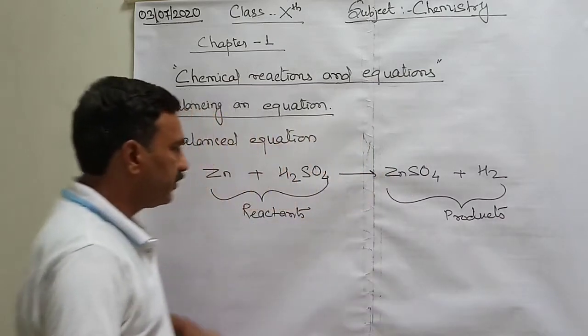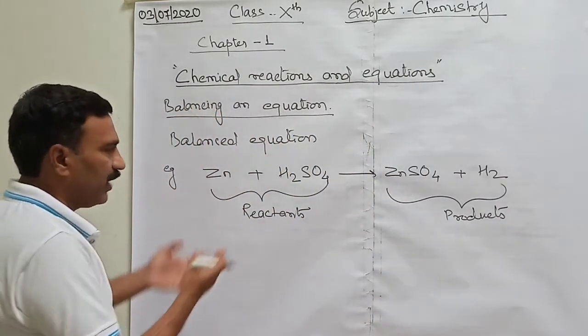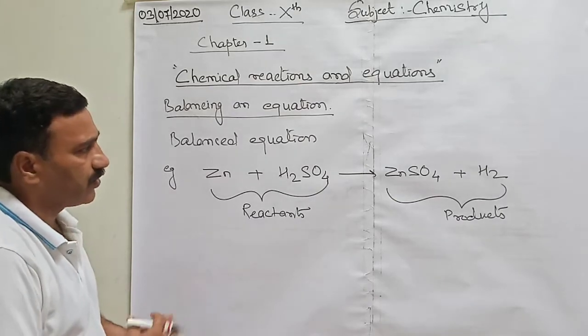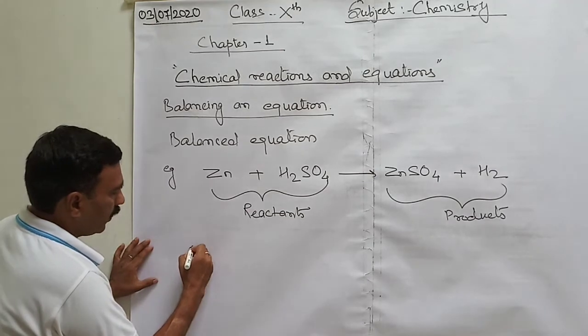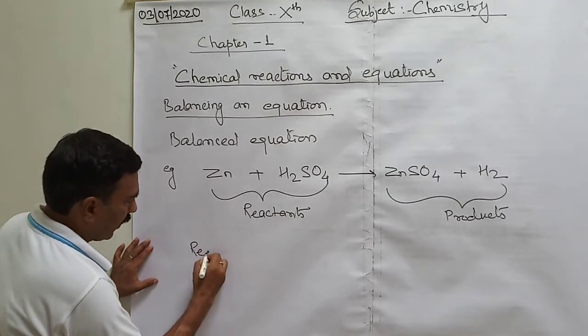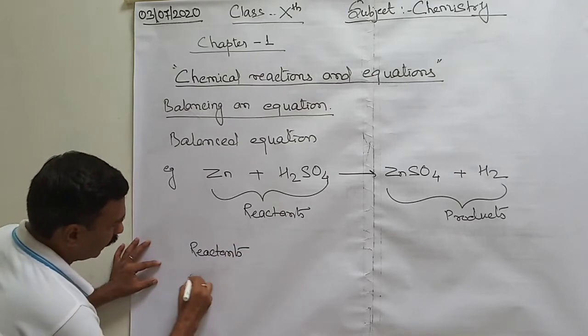Now let us calculate what are the elements on the reactant side and what are the elements on the product side. So I am writing here reactants, and here I am writing products.